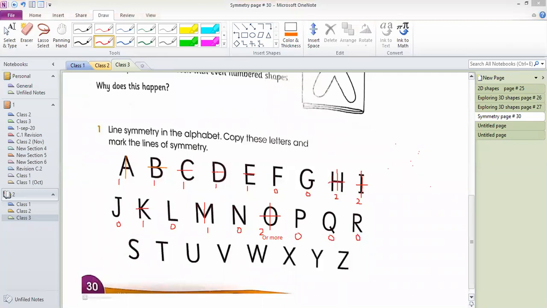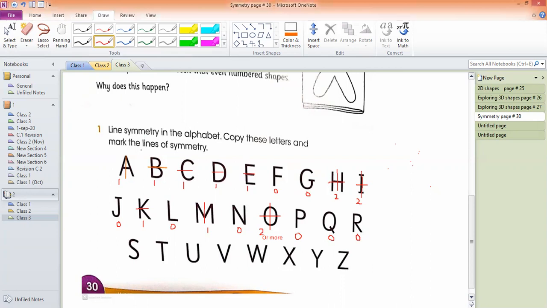Now tell me about S. Does alphabet S have a symmetry or not? S also has 0 lines of symmetry. Check here.